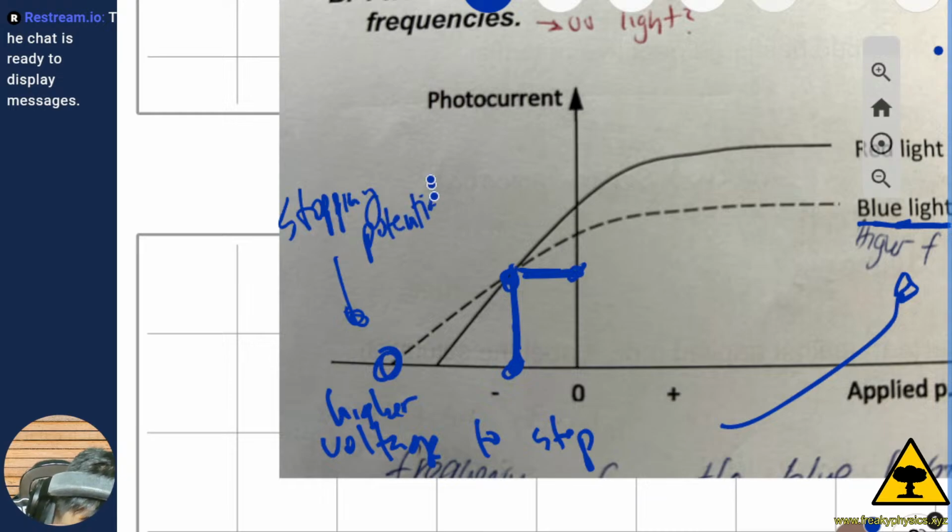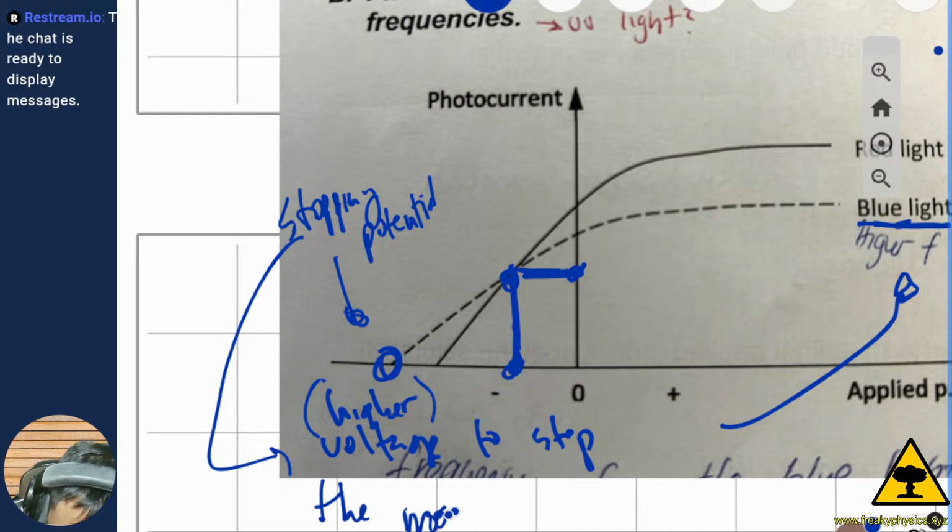I'll put it higher for the blue light, but the stopping potential is the voltage to stop the most energetic electrons.